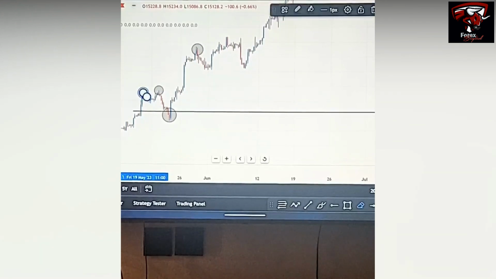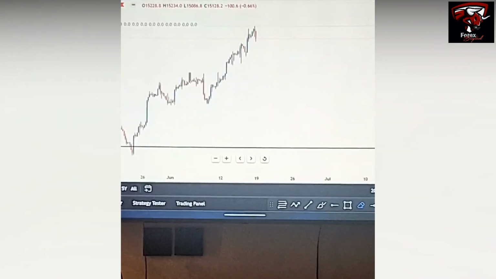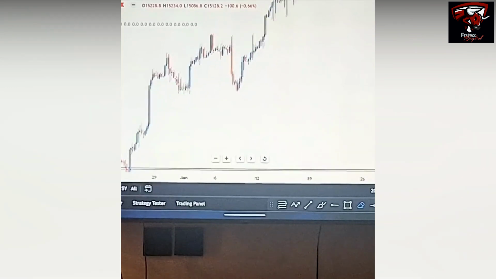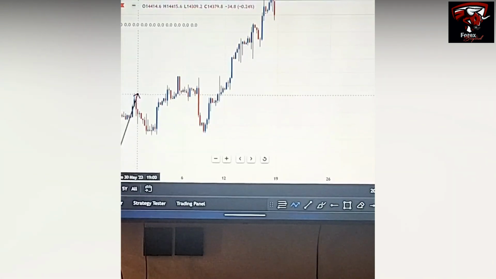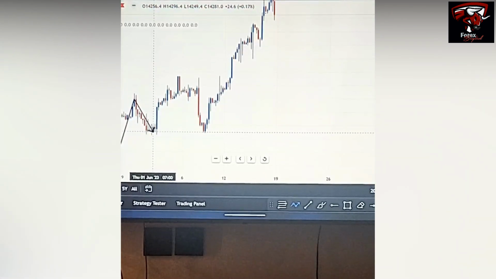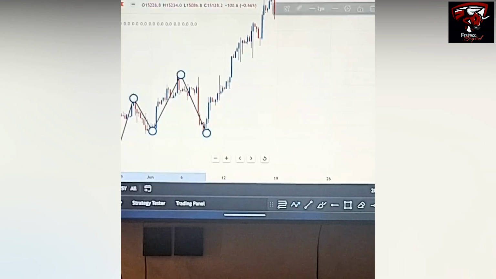If there is a high that was created, right? So if you look over here, everybody would say this was a low, right? So we would all say price went up, created this high, and then price came down, created this low, price then went up, and then price went down, right?